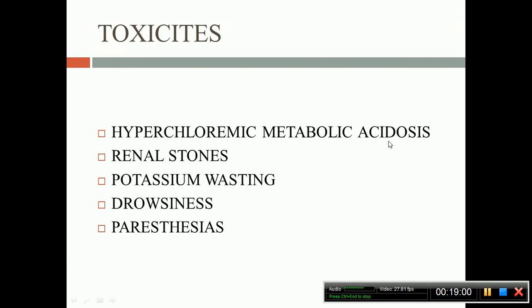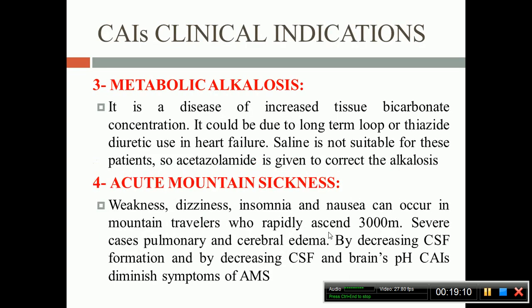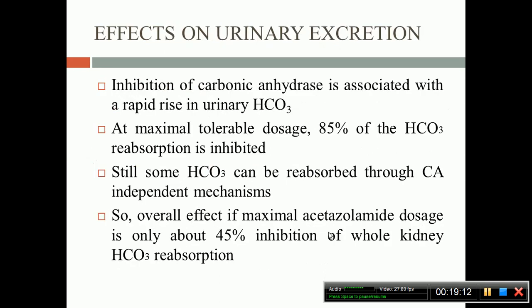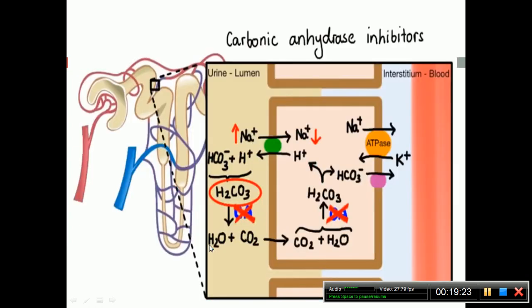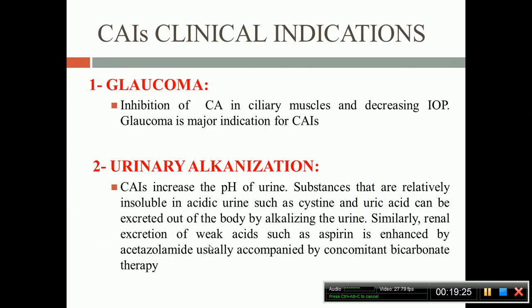So, toxicities: hyperchloremic metabolic acidosis, renal stones, potassium wasting, drowsiness and paresthesia. The paresthesia and drowsiness are central nervous system effects. So you can see here, this is chloride.